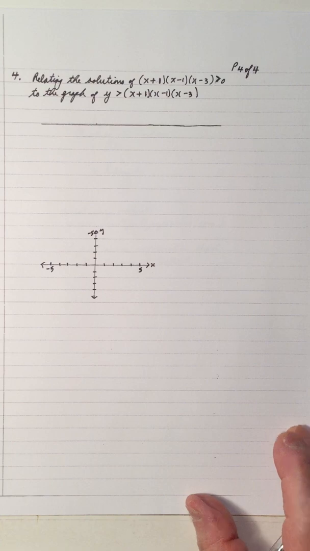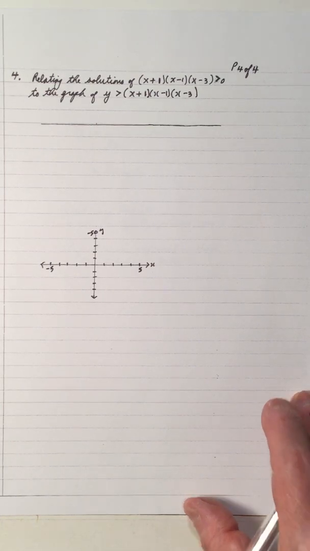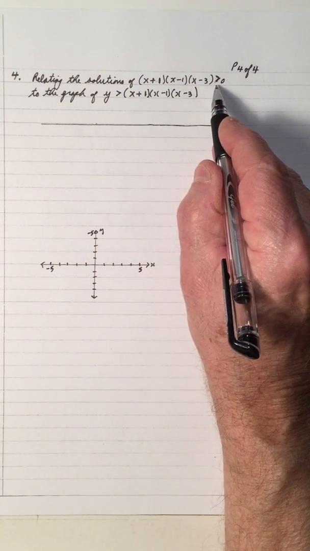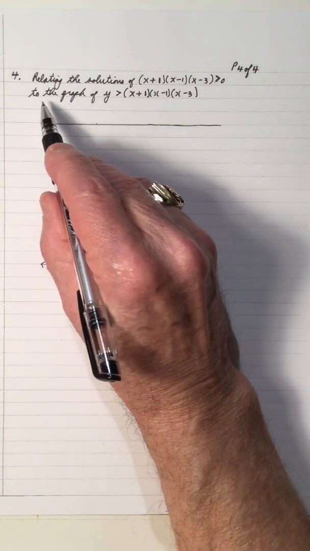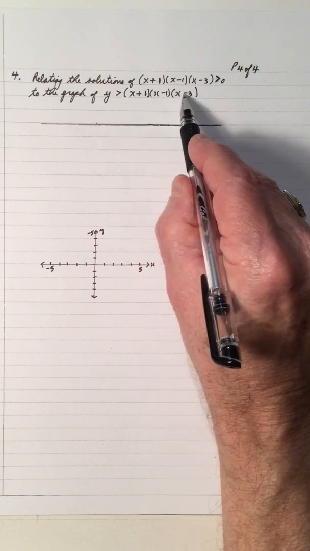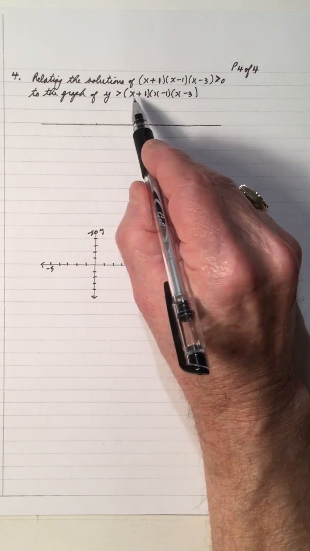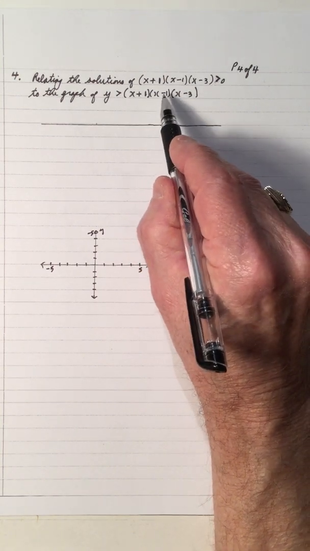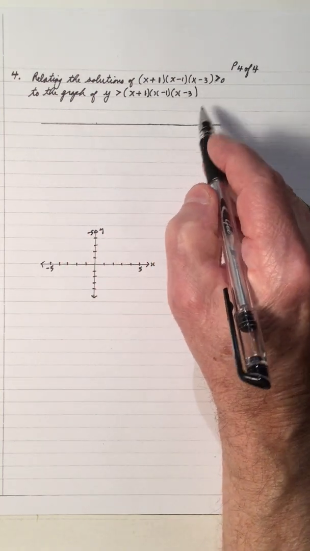And the final one to do is, what I'm doing in this question is relating the solution of this one inequality, greater than 0, to the graph of y is greater than this. So notice that x plus 1, x minus 1, x minus 3 is the same here. These are the same. So I'm relating the solution to this, which is, you only have to do a number line.